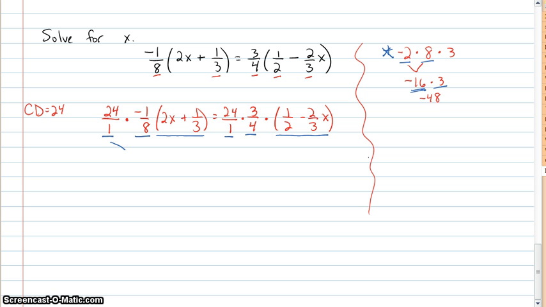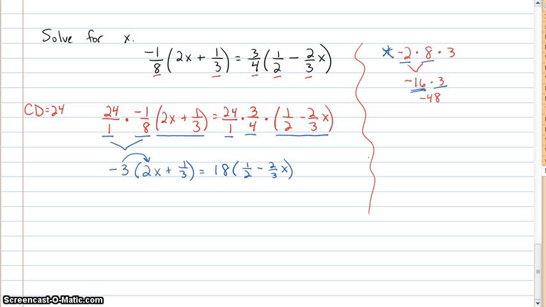So I multiply the first 2. 24 multiplied by negative 1/8 gives me a negative 3. That's what's being multiplied by the 2x plus 1/3. On the right hand side, I multiplied 24 by 3/4. I get 18, and that's what's being multiplied by the 1/2 minus 2/3 x.